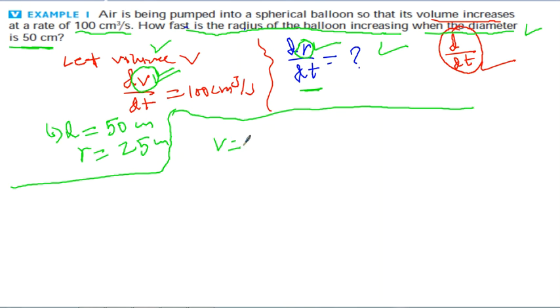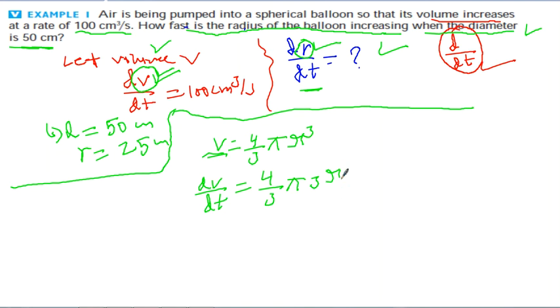V is equal to 4 by 3 pi r cube. I know dV upon dt, so I am going to differentiate this with respect to t. So dV upon dt is equal to 4 by 3 pi times 3 r to the power 3 minus 1, which will be 4 by 3 pi 3 r square.